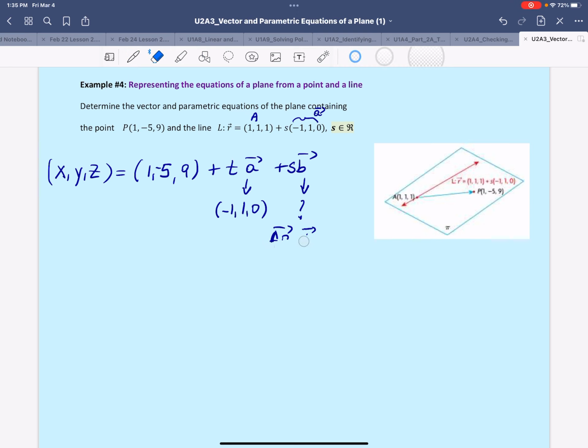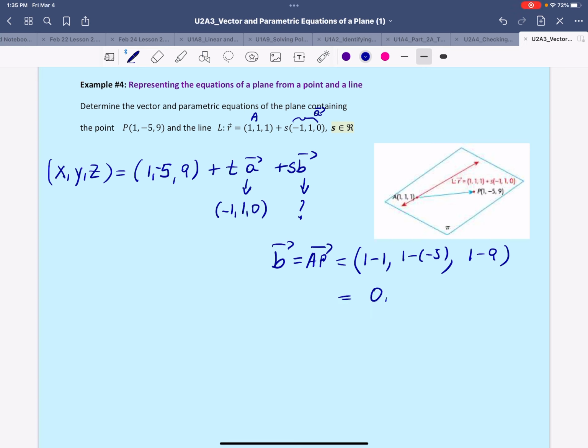So let me write it nicely. Which would equal, from A, 1 minus 1. And then we have 1 minus -5. And last, we have 1 minus 9.